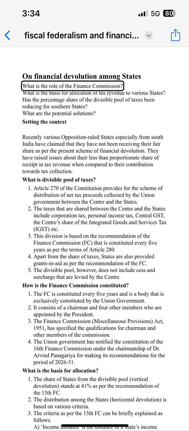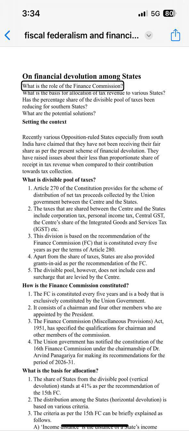Now, they lay down the principles and the formula on how the net tax revenue of the central government should be shared between the center and the states, and also between the states. And on what basis the grants-in-aid should be given to the states by the center.